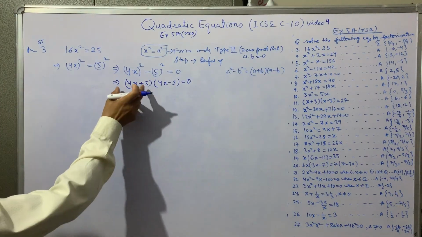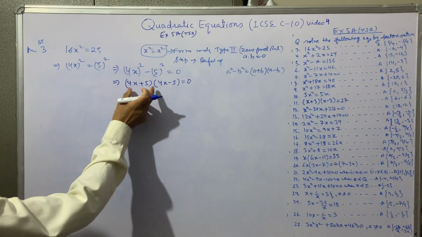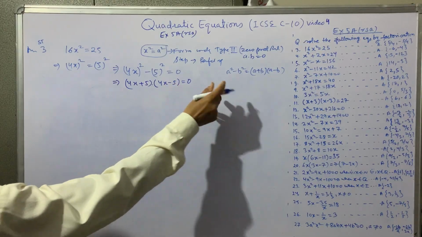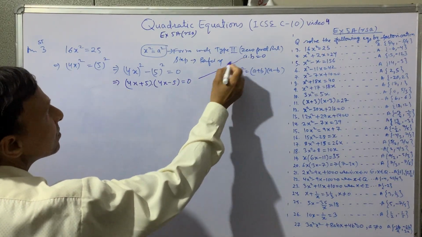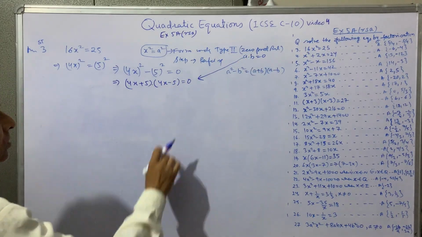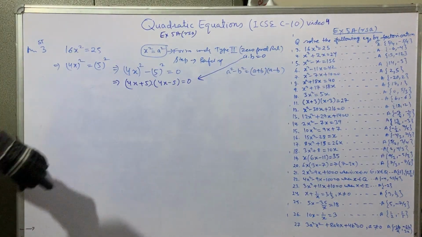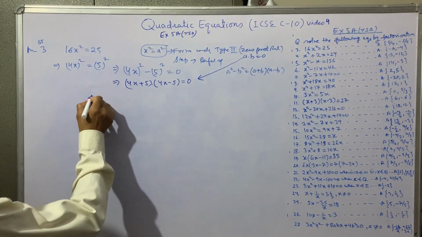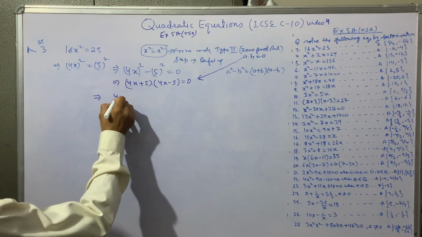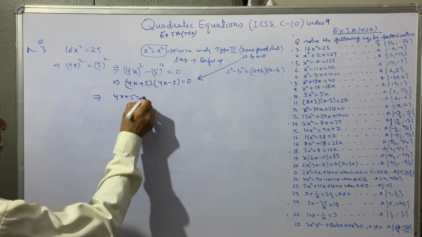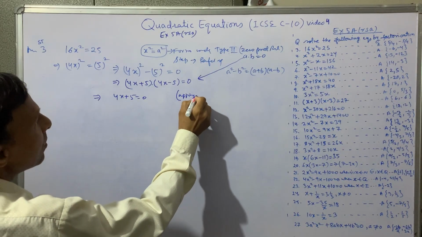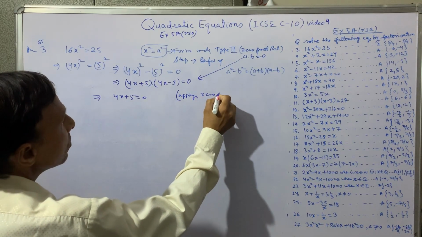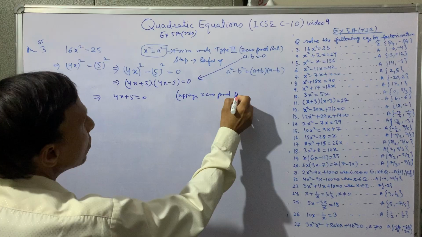Now it has turned into the form a dot b is equal to 0, so we can apply the zero product rule. On applying the zero product rule, what do we get?